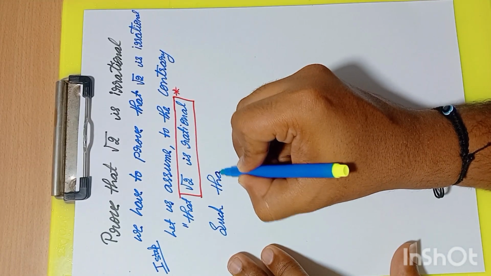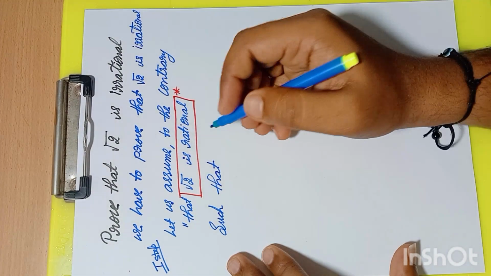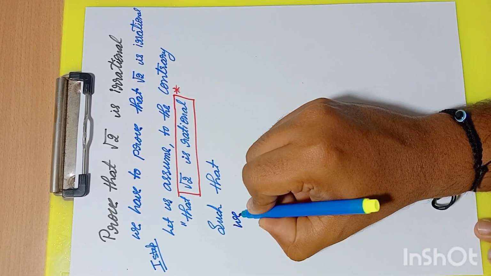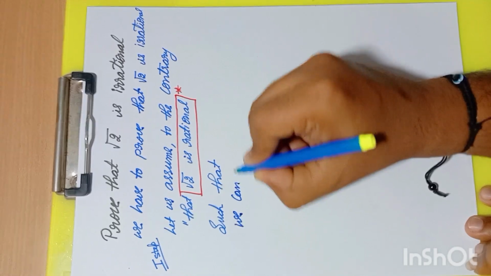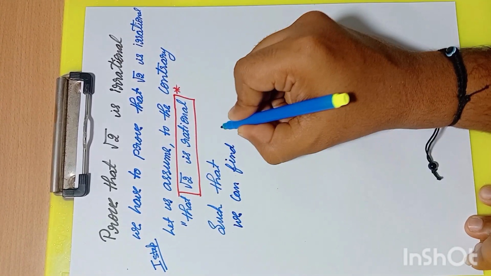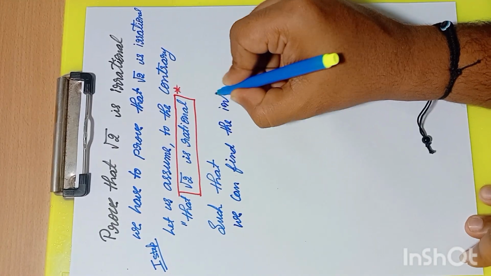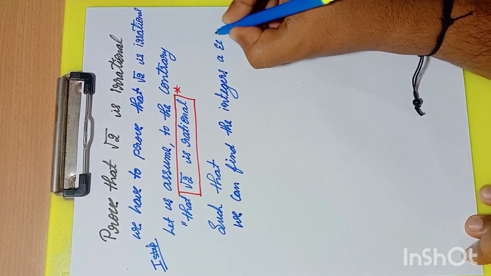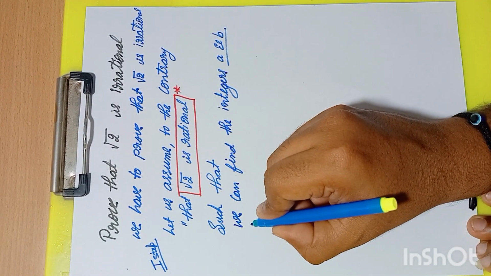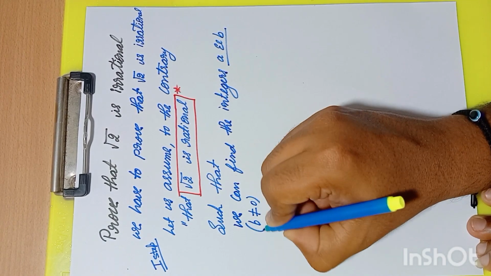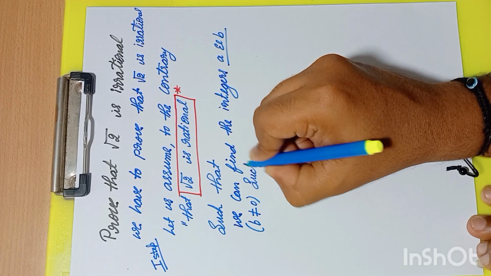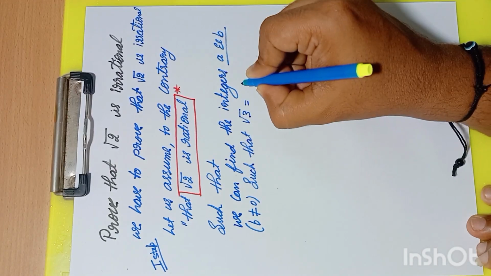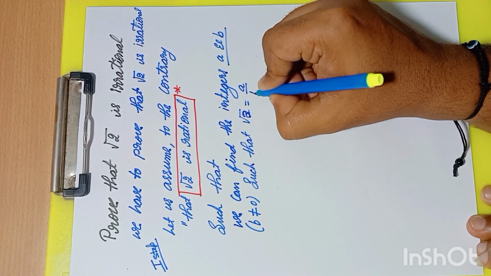Then next, we can find the integers a and b, with b not equal to 0, such that root 2 is equal to a by b.